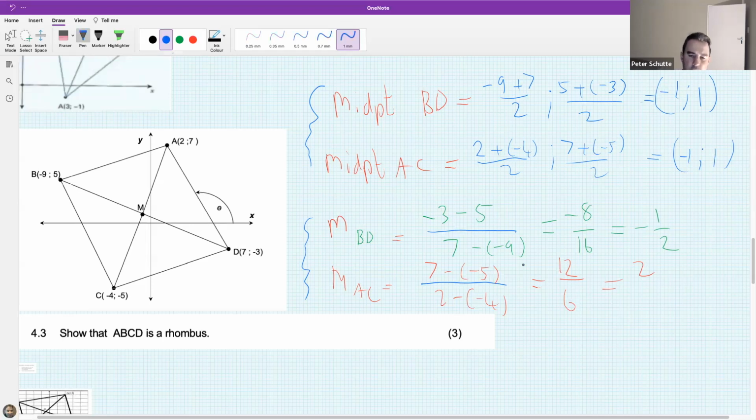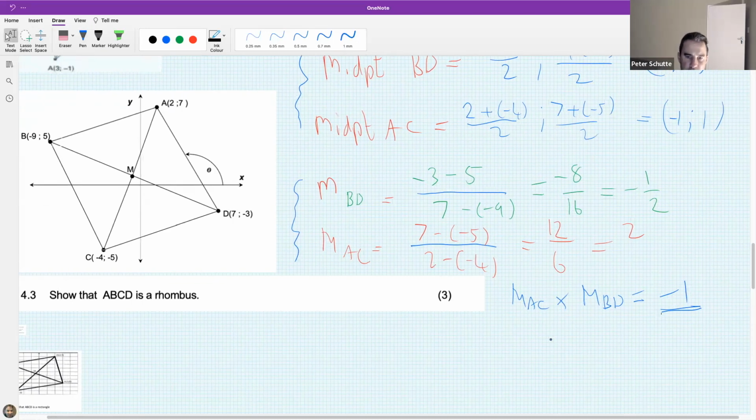And so what we know now, and we do have to make the statement, is that MAC times MBD equals -1, because -1/2 times 2 is -1. And so what we know then is that BD is perpendicular to AC.